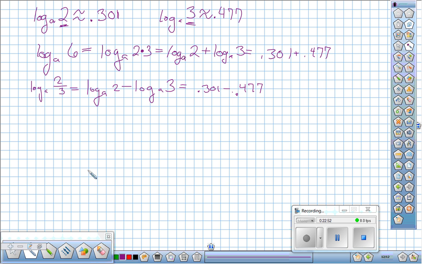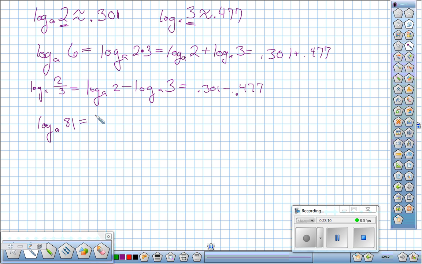Okay, some of them are a little bit tricky because they will say log base a of 81. And you're just like, hey, I have no idea how I can get a 2 out of 81. And that's because you're not expected to.